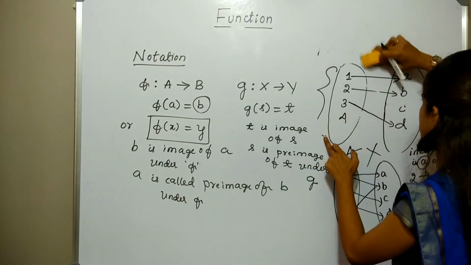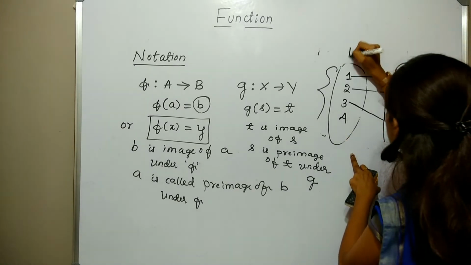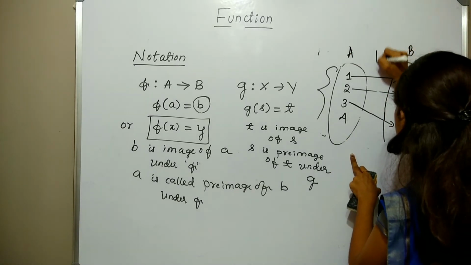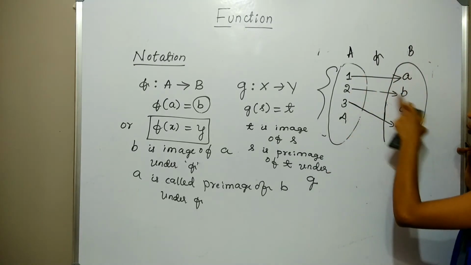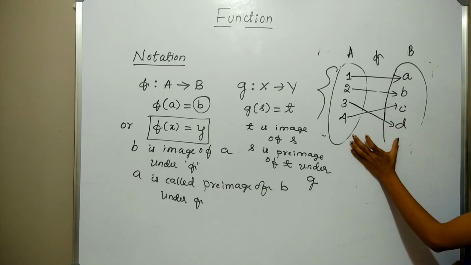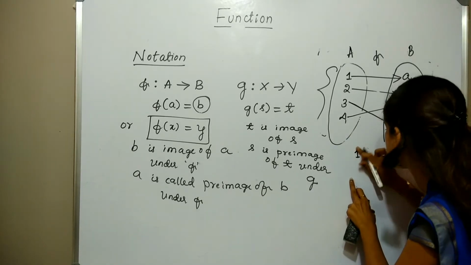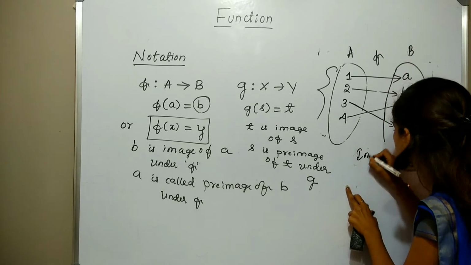If I have the same function, say f is a mapping from 1 to A, 2 to B, 3 to D and 4 to C. Now it is clearly a function.